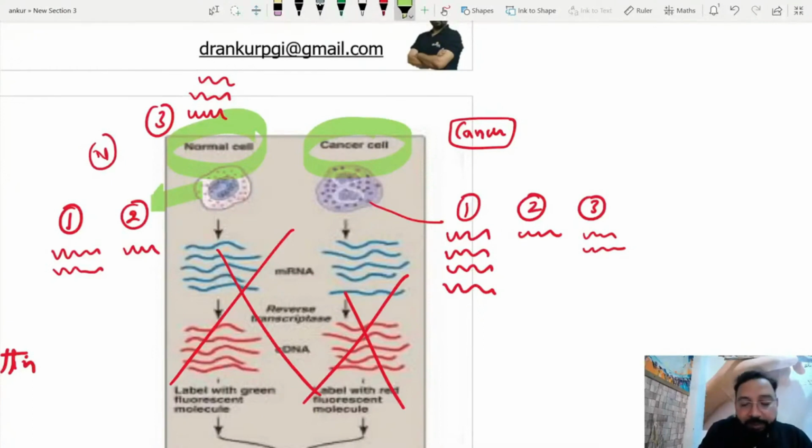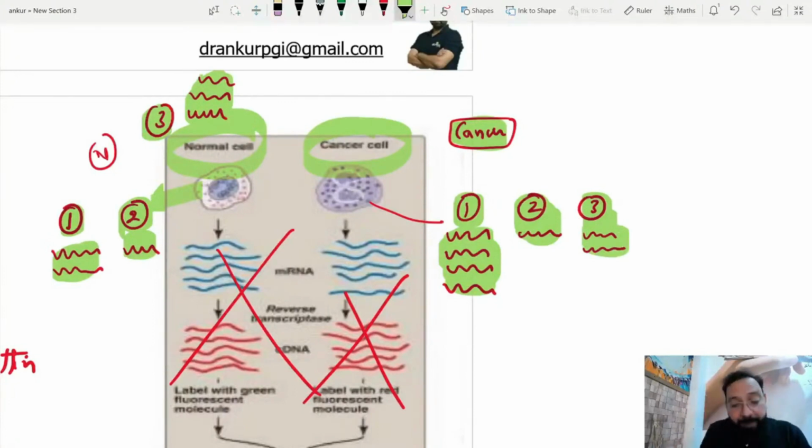So gene 1 in the normal cell produces 2 messenger RNA, the cancer cell produces 4 messenger RNA. So gene number 1 is overexpressed in the cancer cell. Gene number 2 has the same expression. Gene number 3 has 3 messenger RNA in normal, 2 in cancer, so it is underexpressed. I want to compare.